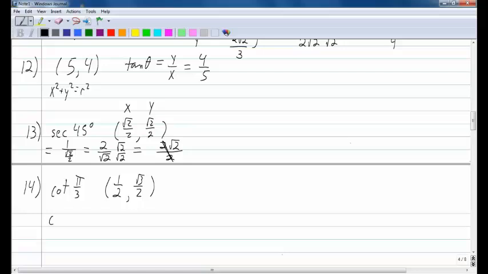Then we remember cotangent is equal to x divided by y. 1/2 divided by square root of 3 over 2. Flip and multiply. That's going to give us 1 over the square root of 3. Rationalize. So you get the square root of 3 over 3.